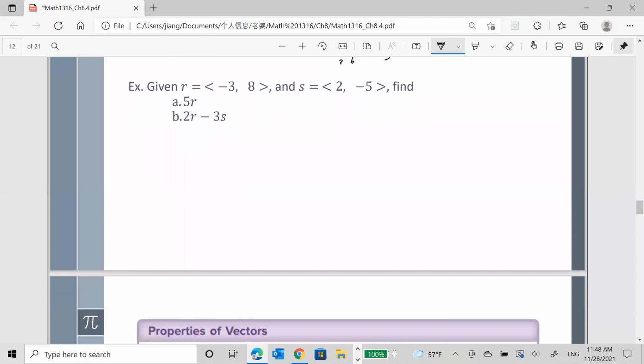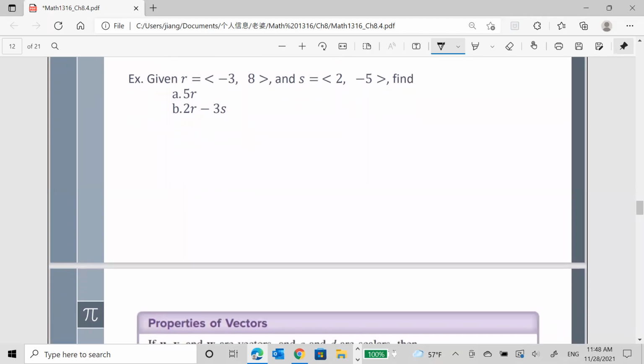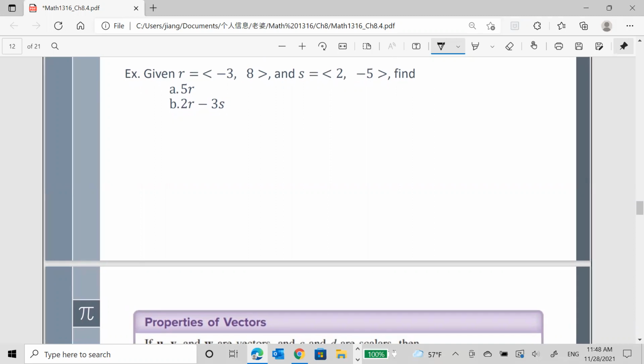So let's continue. Next one, given R is (-3, 8) and S is (2, -5). Find A, which is 5R. 5 times R, (-3, 8), equals (-15, 40). B is 2R minus 3S. What is 2R? 2R equals (-6, 16).